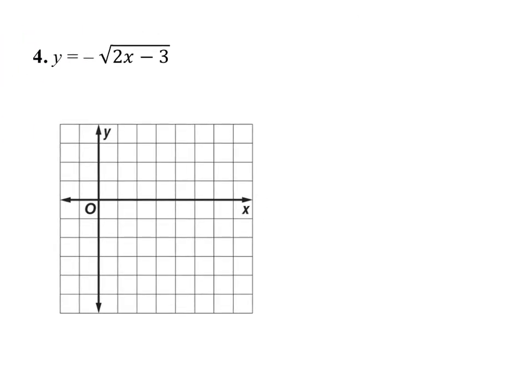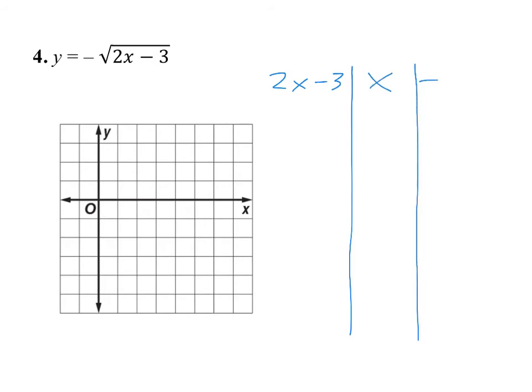Okay, I'm going to make my table for number 4. I start with the radicand, then the x, and then what the y equals. We want the radicand to be a perfect square.